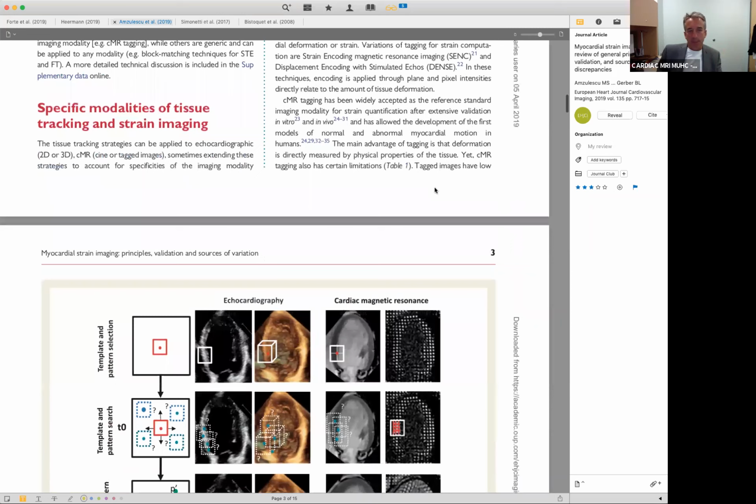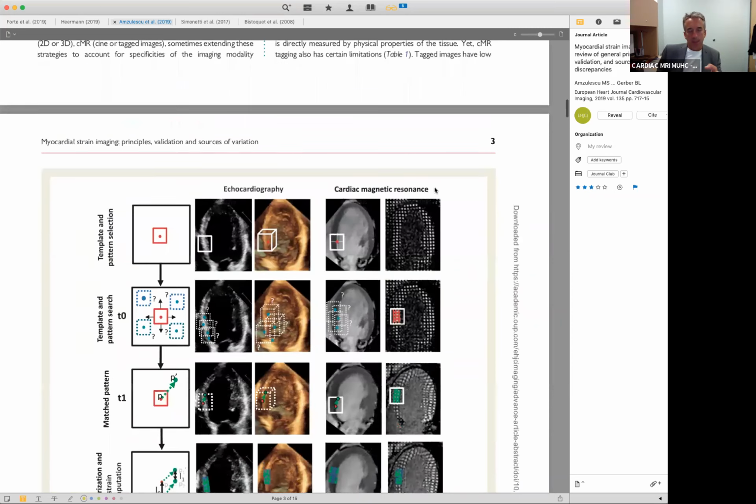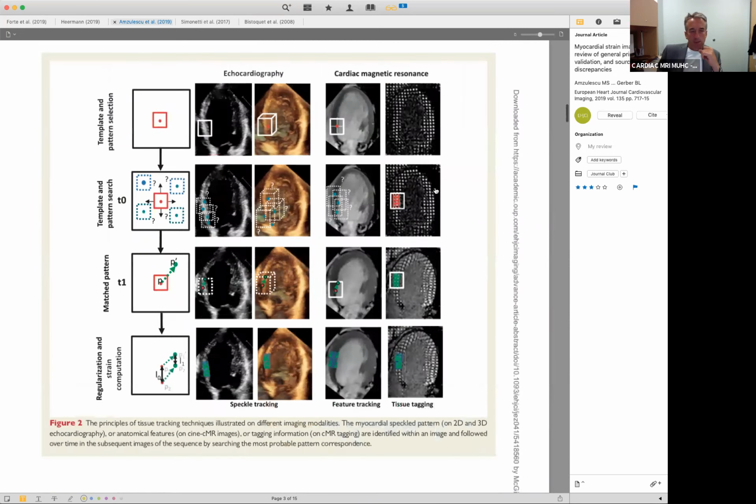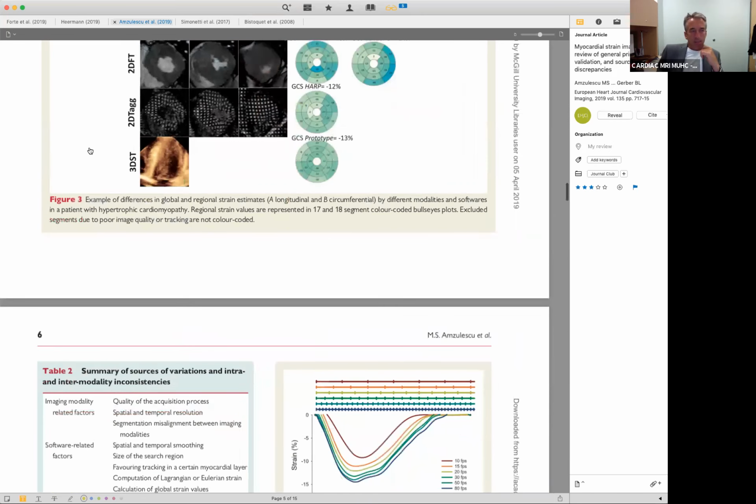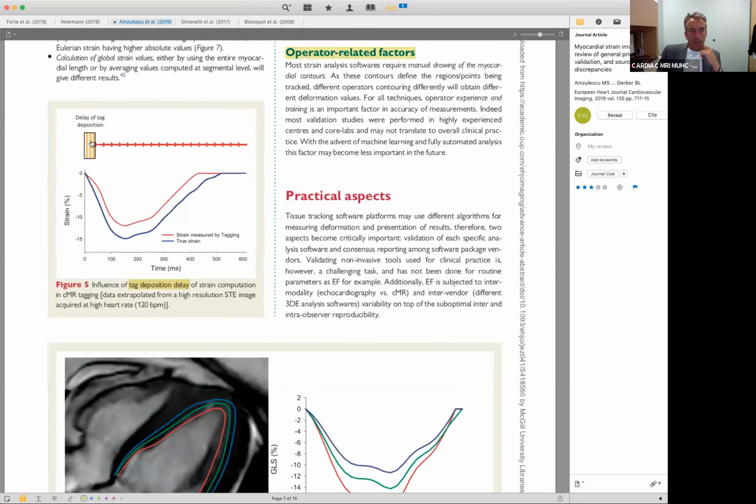A problem of that is that it takes some time to imprint the tag, so you lose some time initially. Here, when tagging, you lose the first part, so the resulting strain is underestimated. So that's one limitation of tagging.